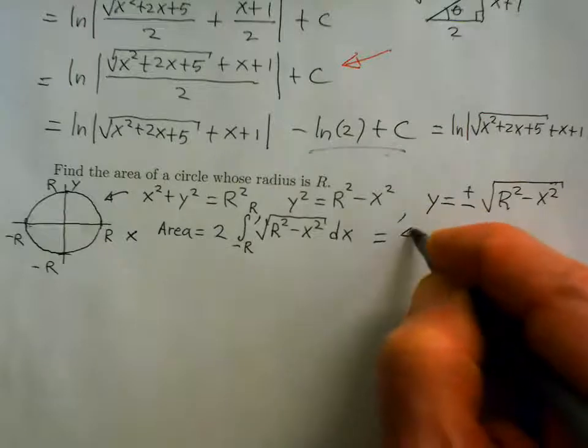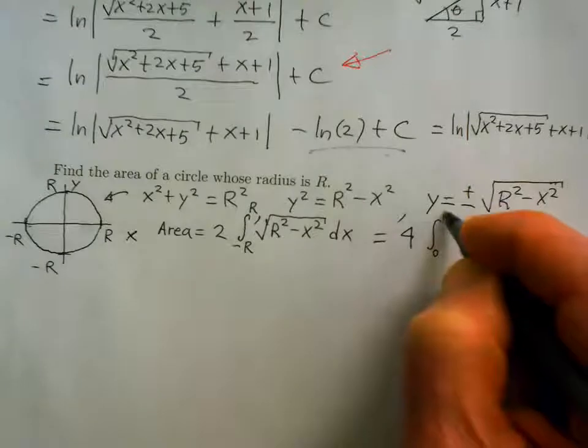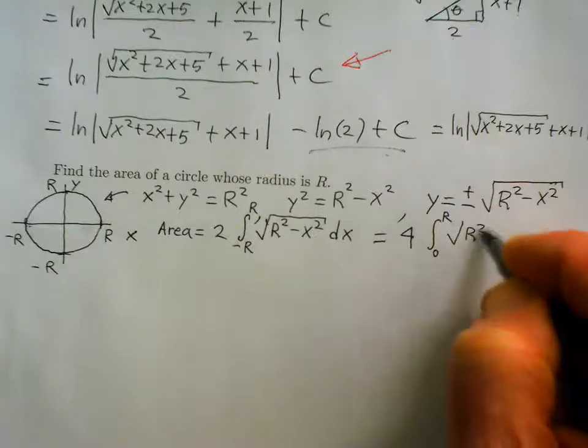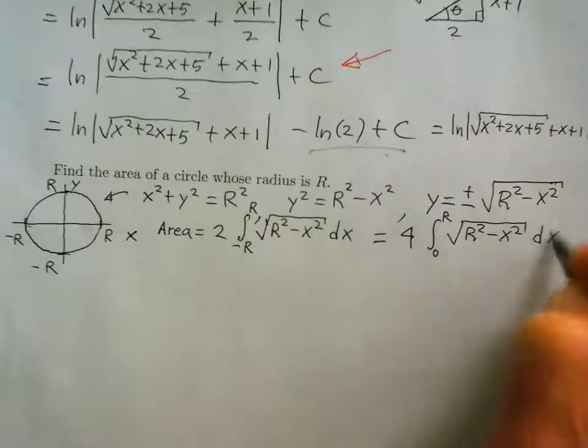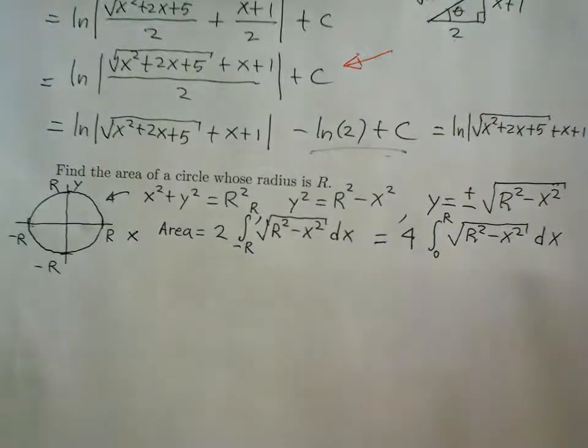If we multiply 4 times the definite integral from 0 to capital R of the square root of capital R squared minus x squared dx. So either one of those is okay. But regardless, we're going to use a trig substitution.